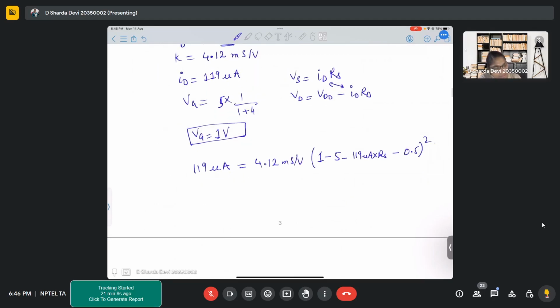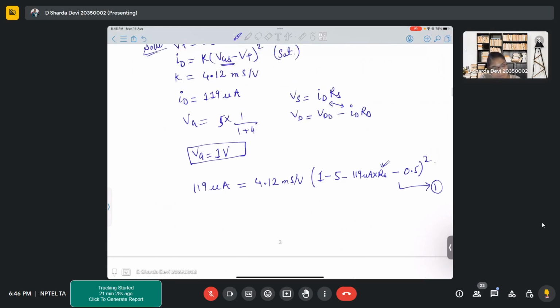Now here you have a single equation with one variable Rs. So we can find Rs, right? Simply. Can we find Rs? Yes, we can find Rs out of here, right?